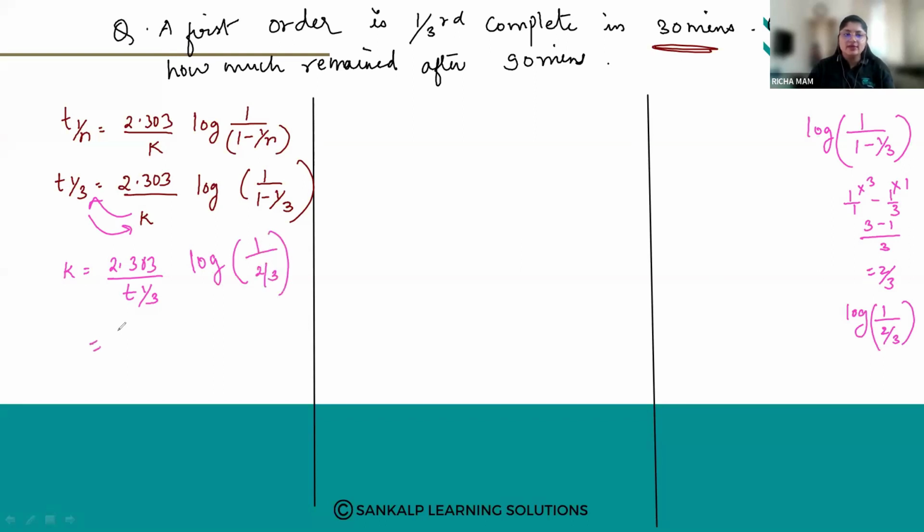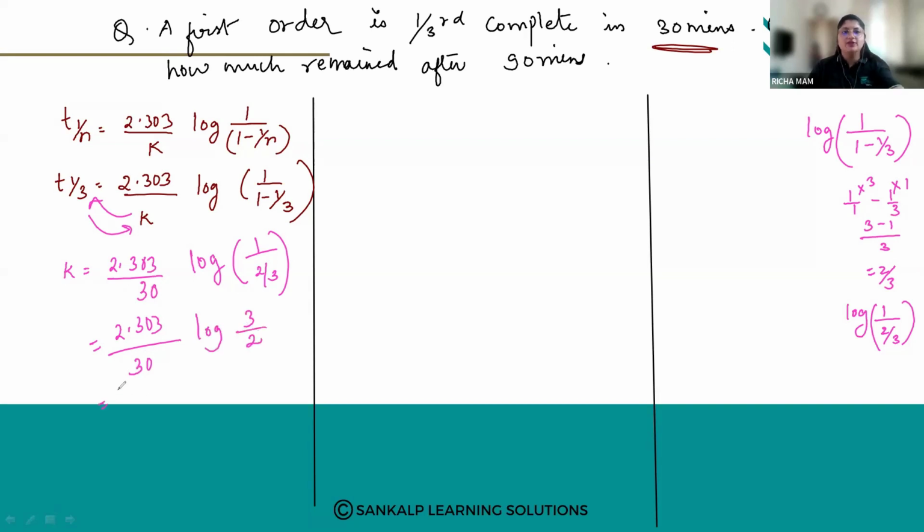So in the next step, 2.303 by t of 1/3, what is the value? 30 minutes. Okay, it is 30. So 30 log of 3 by 2, since 1 by 2 by 3 is 3 by 2.